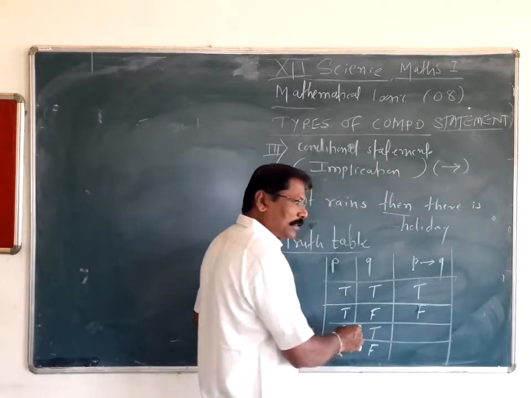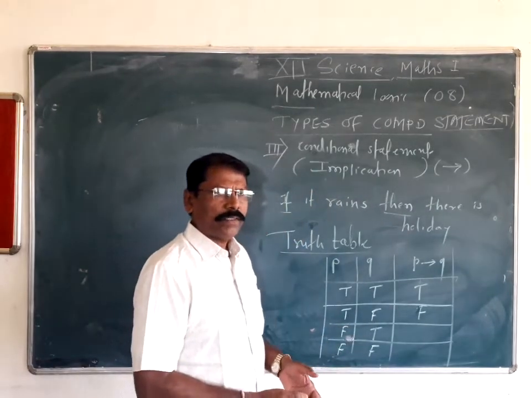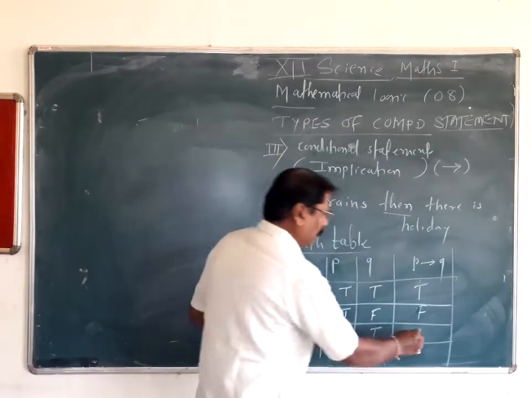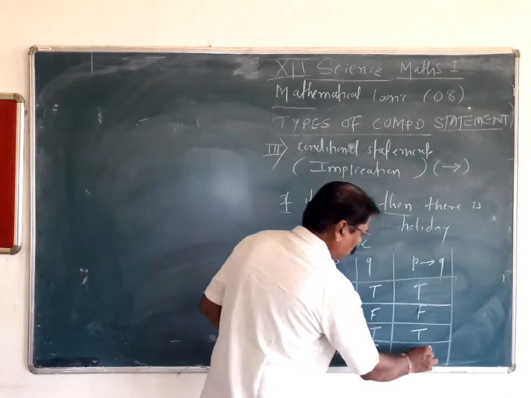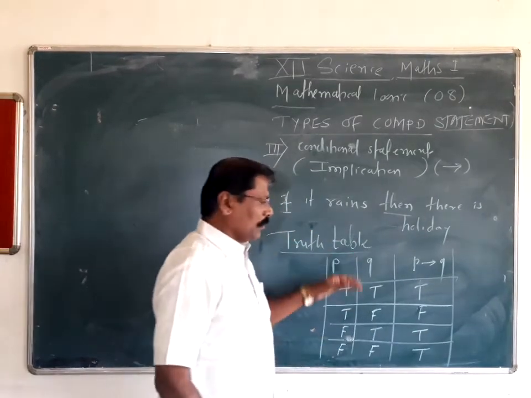And this is false. Antecedent is false, consequent is true, the statement is true, and this is also true. So this is a truth table.